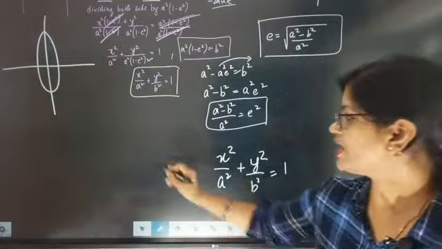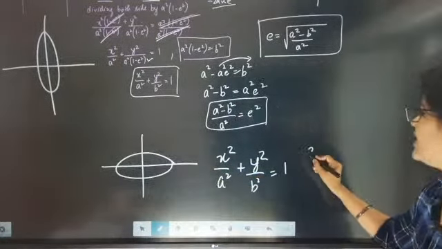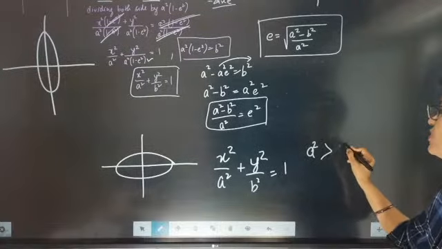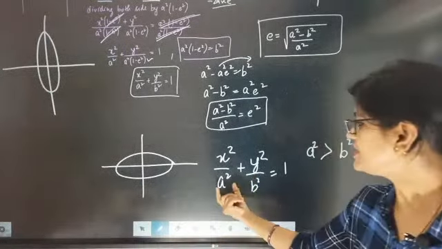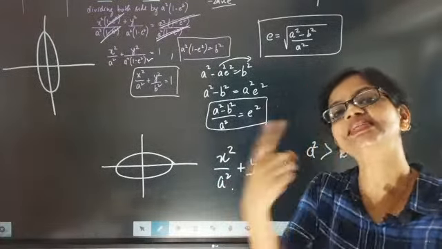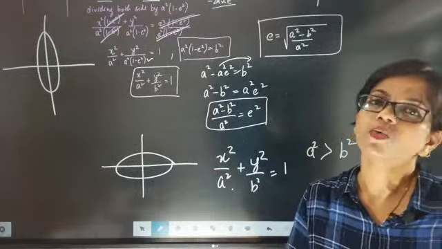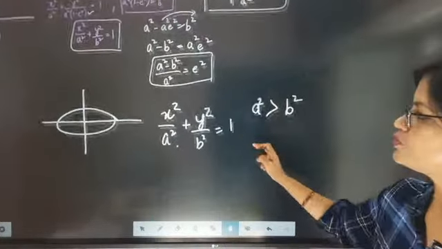If the ellipse major axis is on the x-axis, then a square will be greater than or equal to b square. So by seeing the equation, we can easily say what type of ellipse it is. One simple example I am going to show you.